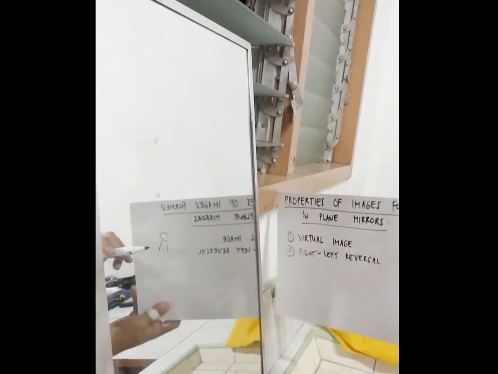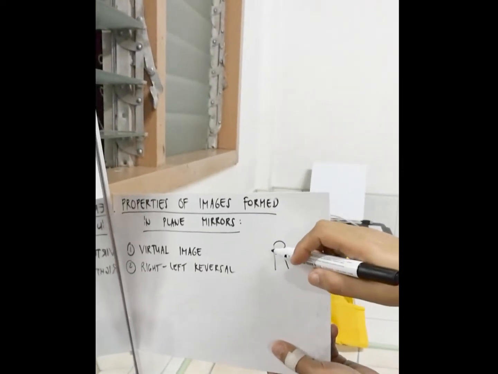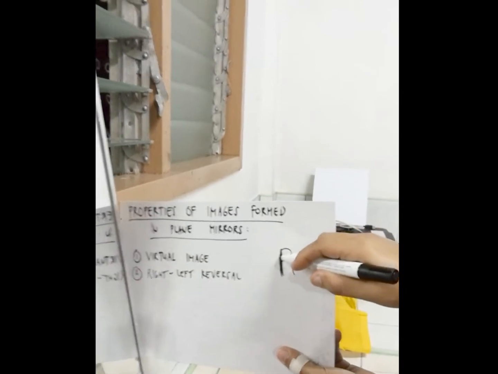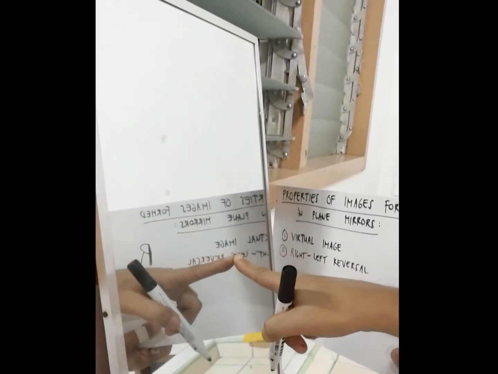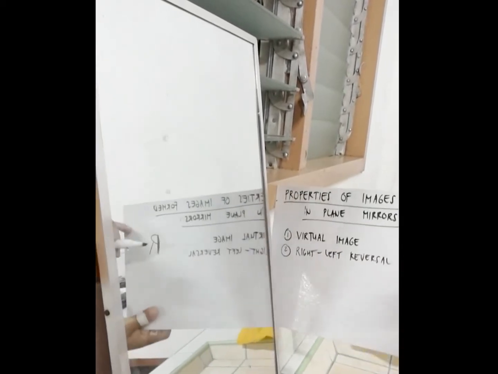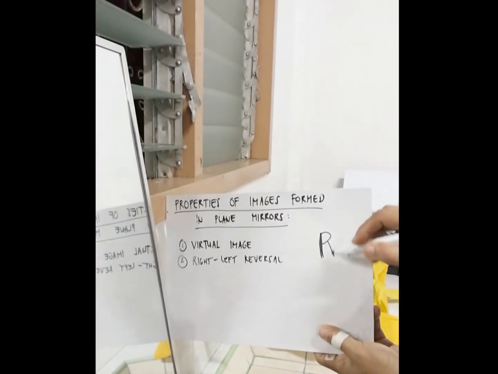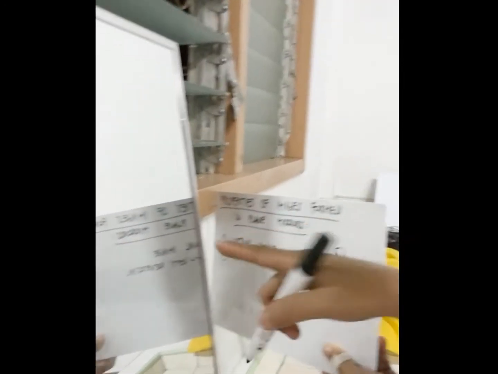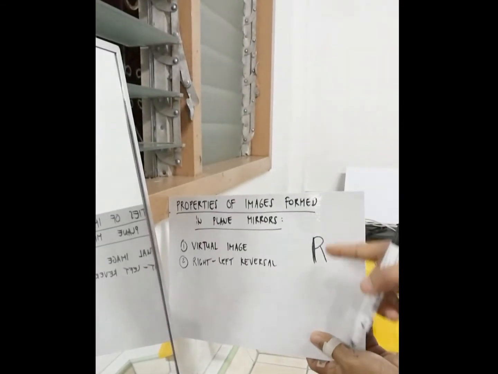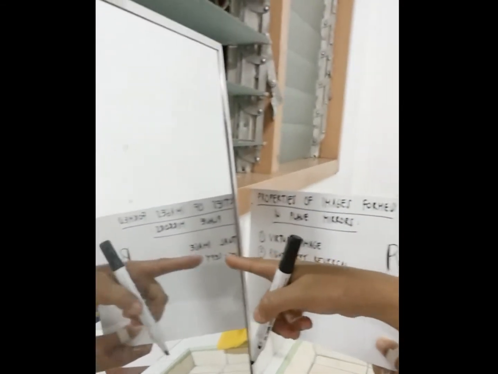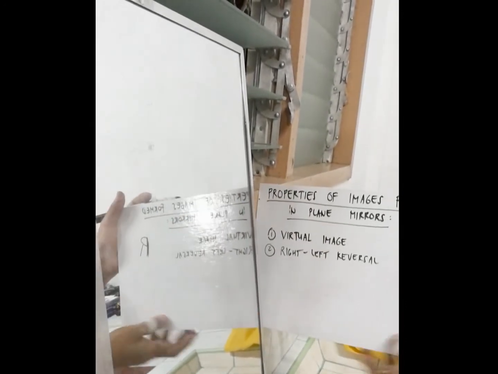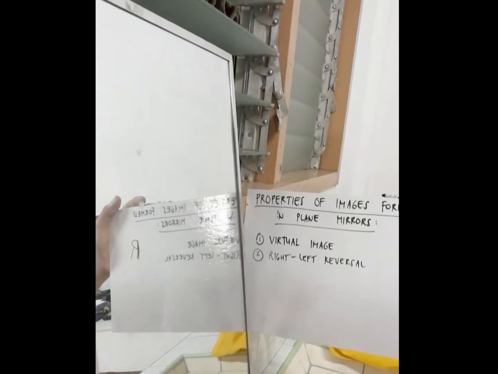So the left side of this R in the real object actually becomes the right side of the image, right? And the right side of the object, of the original object, becomes the left side of the image. So that is what we call left-right reversal.